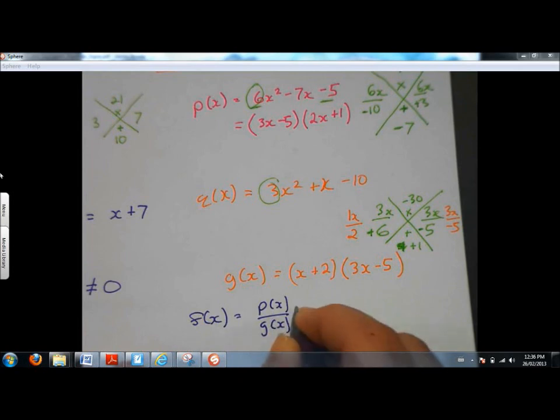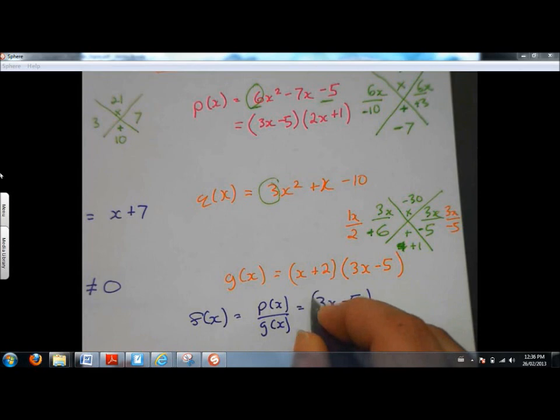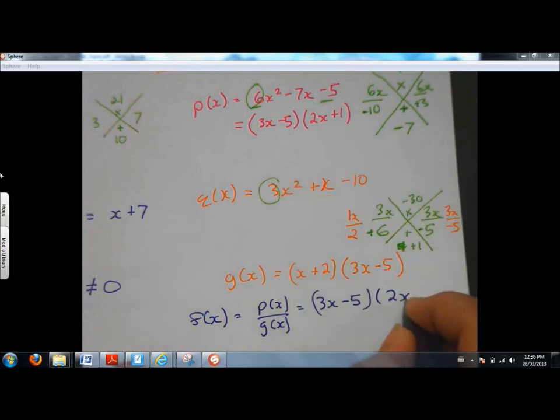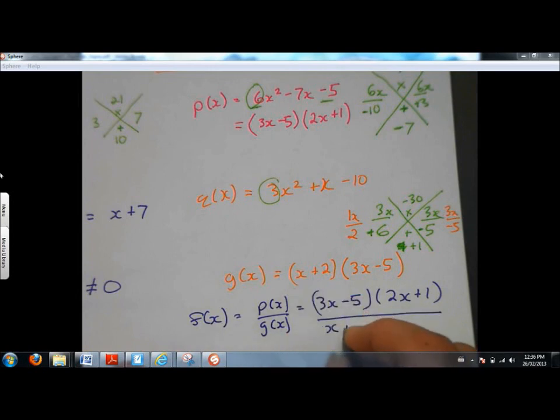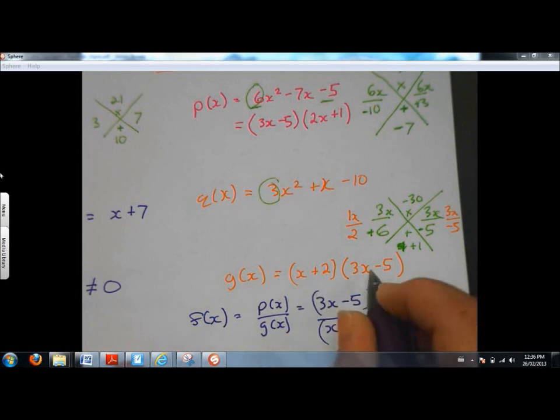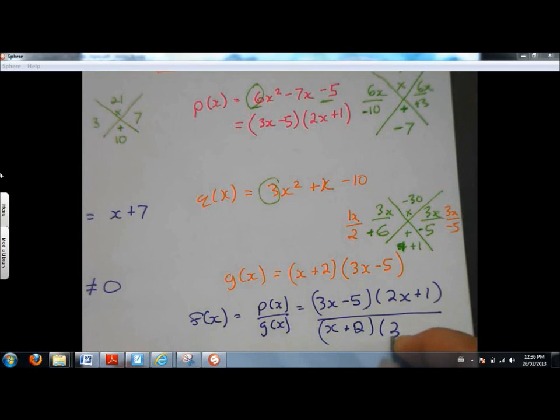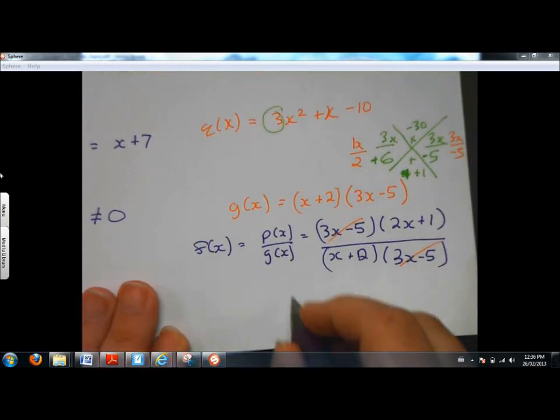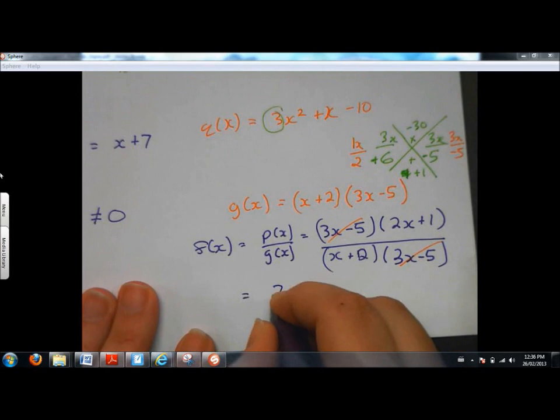P of x ended up being 3x minus 5 times 2x plus 1, all over x plus 2 times 3x minus 5. We can see that we've got 2 of the same terms. These can be canceled. And so my f of x is the same as 2x plus 1 over x plus 2.